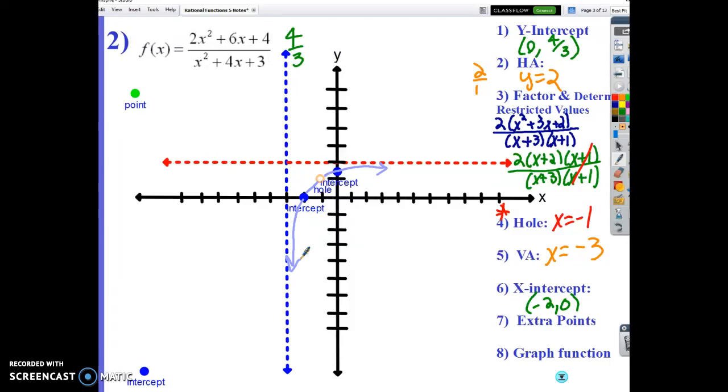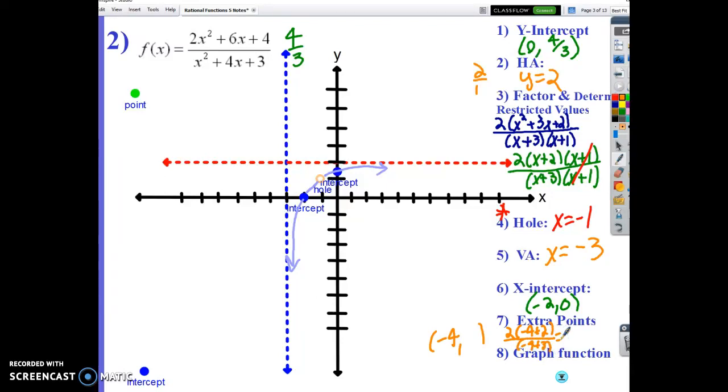So now we're going to need to find one point to the left to be able to get this. So I'm going to do the point -4 because that's to the left of my vertical asymptote. So I plug in -4 to my function, and we're going to get 2 multiplied by -4 plus 2 all over -4 plus 3.